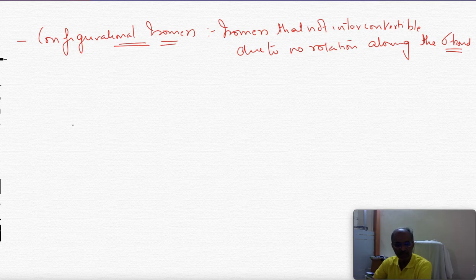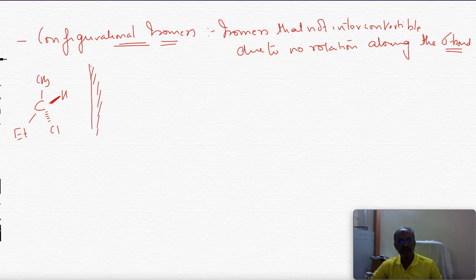Take for example, I will take hydrogen, right? This is CH3. This is, take for example, ethyl, Et is ethyl, and chlorine. Suppose if I take the mirror image, suppose this is a mirror. If I take the mirror image, what will happen?